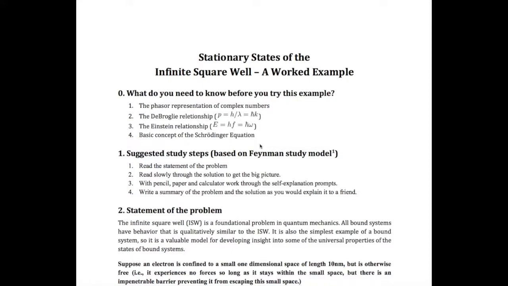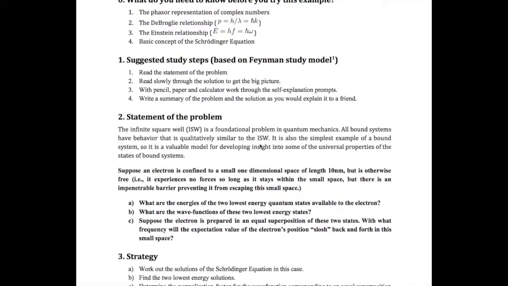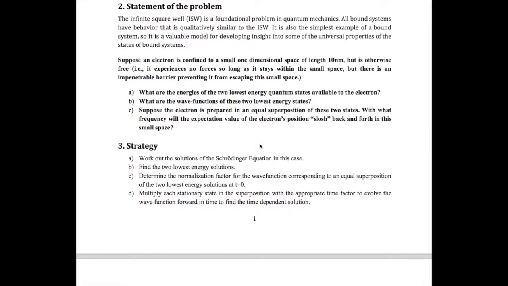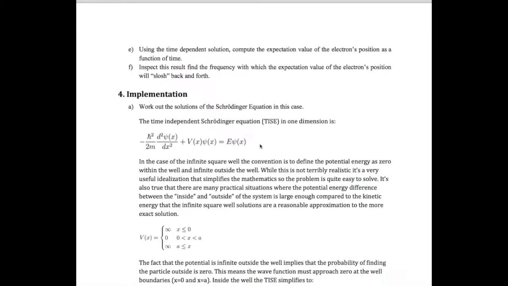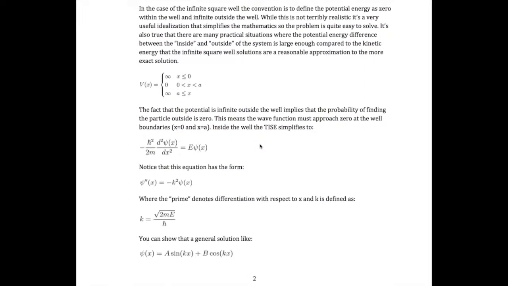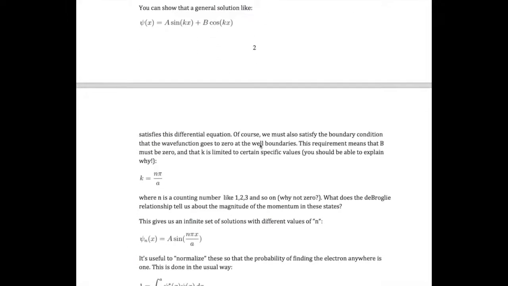The idea is to understand the quantum states of an infinite square well. I'm going to skip to the part that I want to focus on for the video, and that is that the solutions to the Schrödinger equation turn out to be sine functions using the coordinate systems in the example.